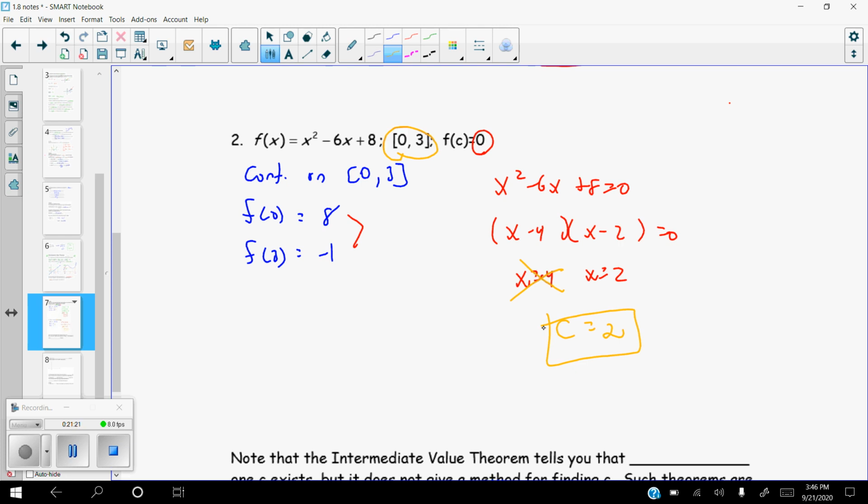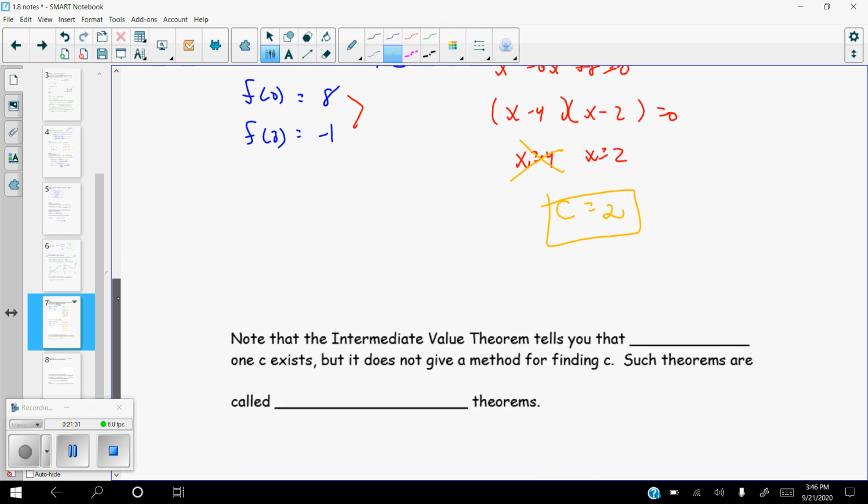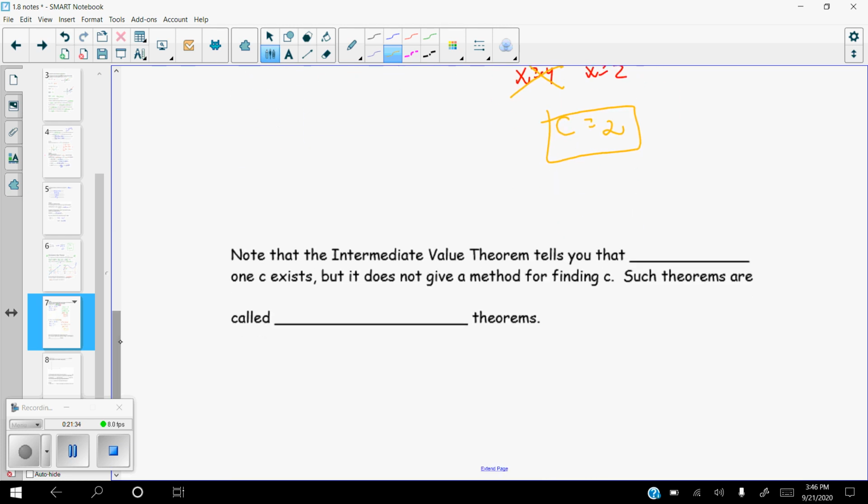Again, not really difficult to do the intermediate value theorem. And this one really has a lot of uses when it comes to determining whether something crosses the x-axis or not. And I think we'll probably get to something like that eventually. So note that the intermediate value theorem tells you that at least one C exists, but it doesn't really give you a method for finding C. In this case, we were able to use factoring, but there might not be a very easy method if things don't factor nicely.